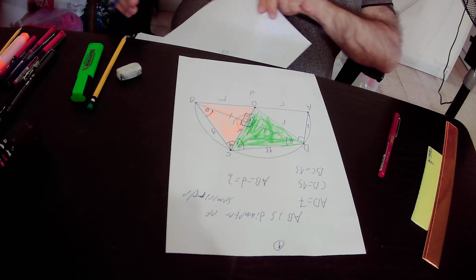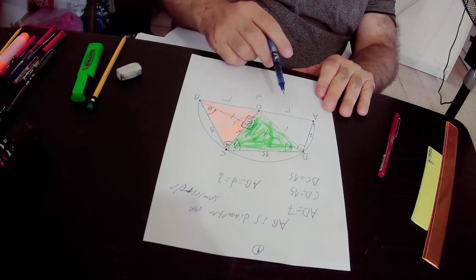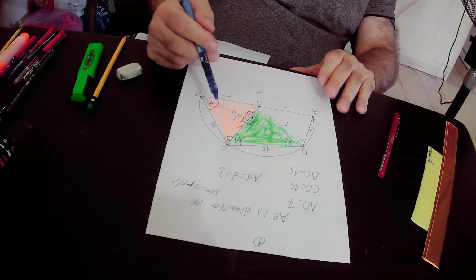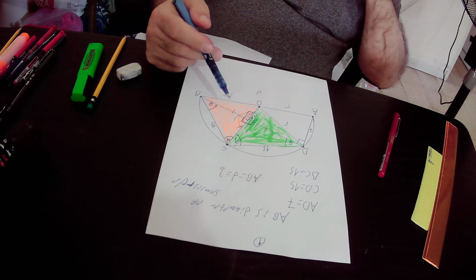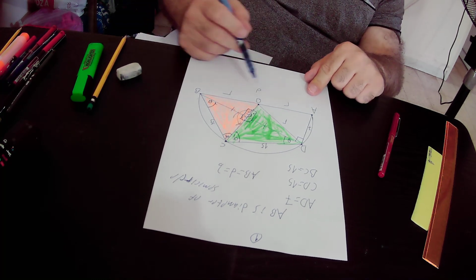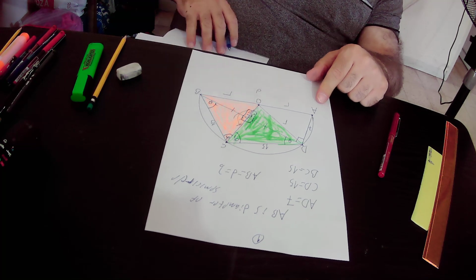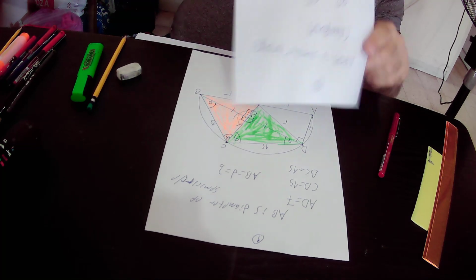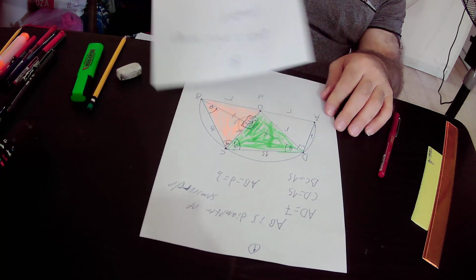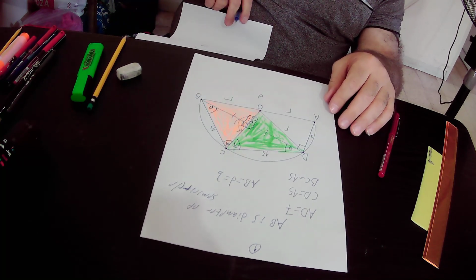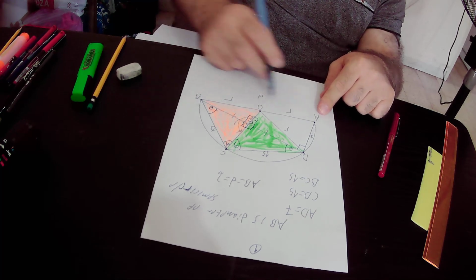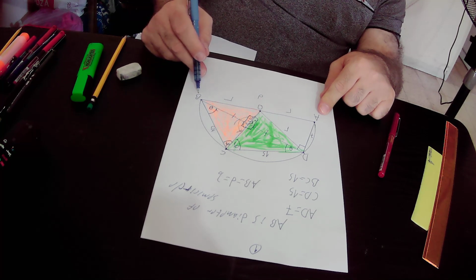But what is the value of AB? AB is the diameter of the semicircle. The diameter is 2 times the radius. This is R and this is R, yes? So AB equals 2R.